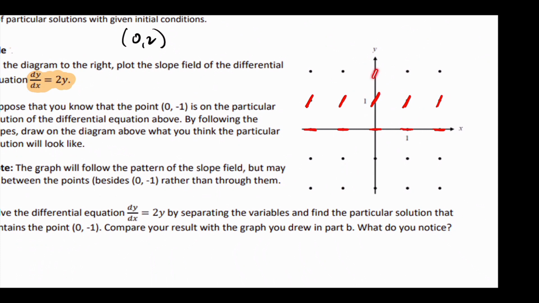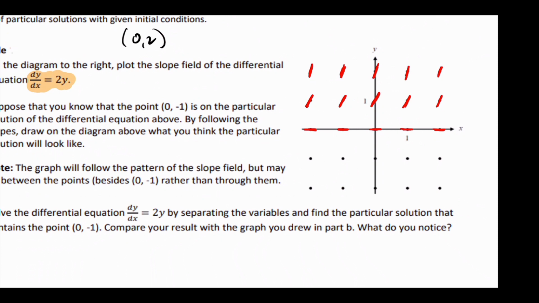Steeper, right? So I got to draw a little dash that's steeper, because when someone looks at it, they got to know, hey, this slope is steeper than the ones below. Again, anywhere that y equals 2 is going to have a slope of 4.